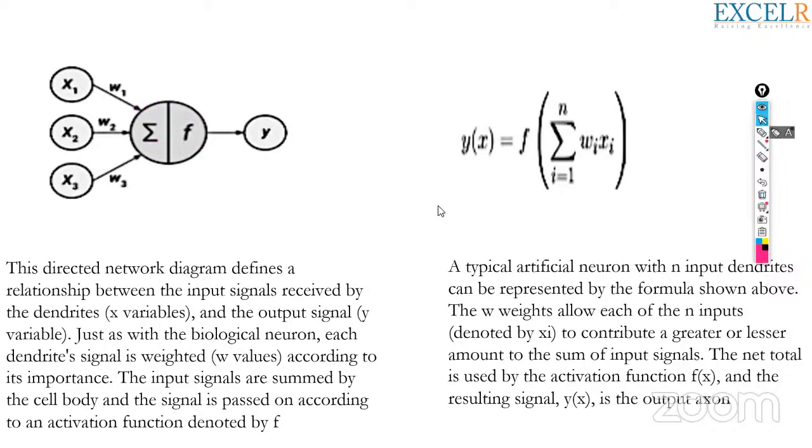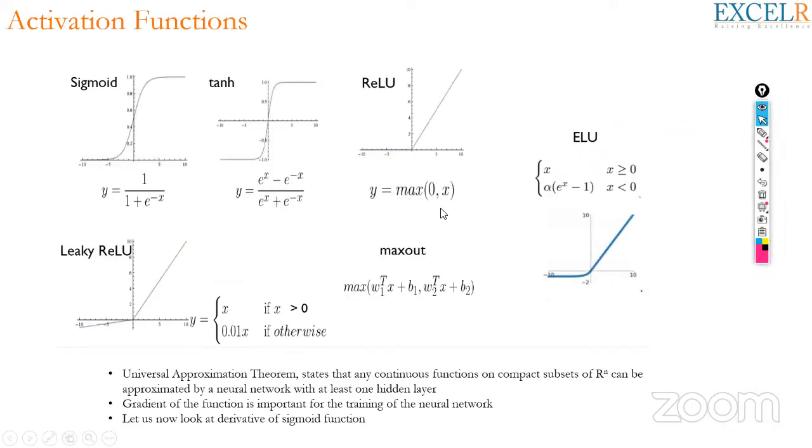We also saw that there are a lot of activation functions available, but we have to select which one we want to use for our neural network architecture, like sigmoid, tanh, relu, maxout, leaky relu, elu. You can use any one of them based upon your data set.